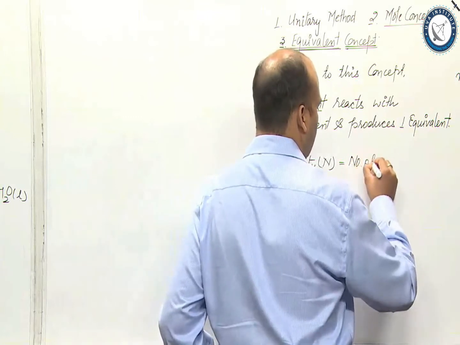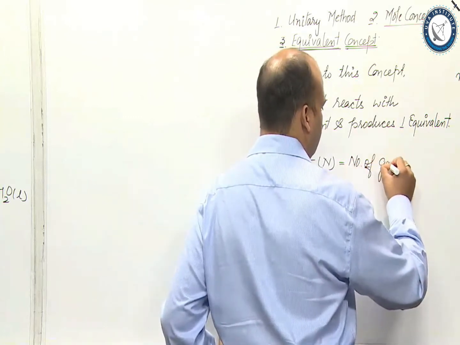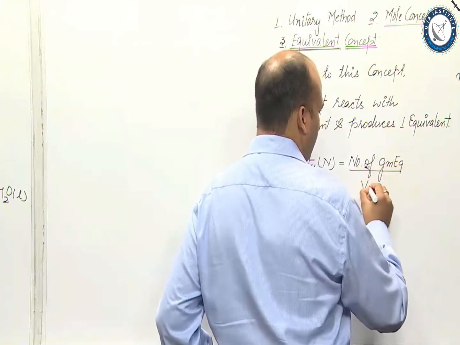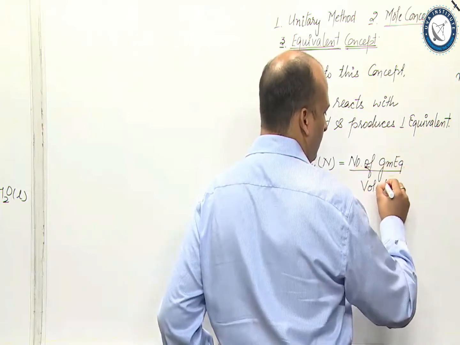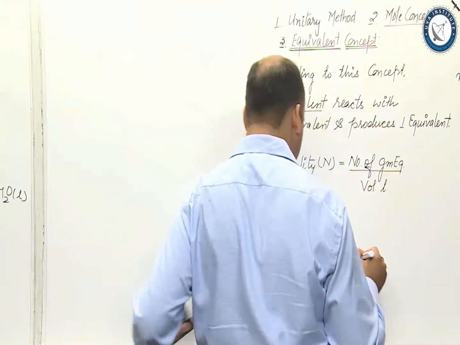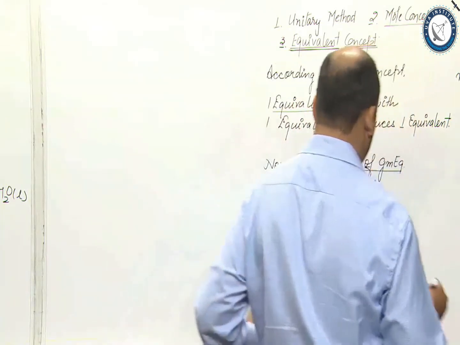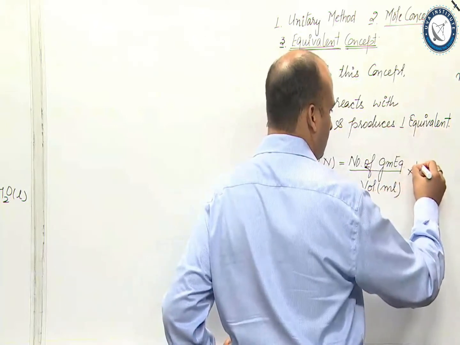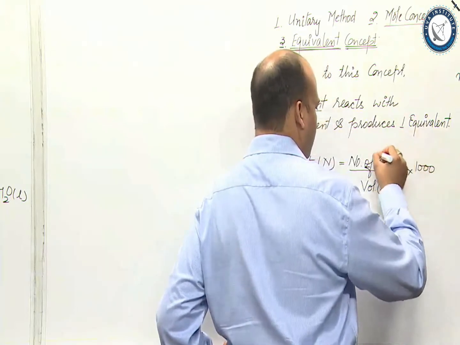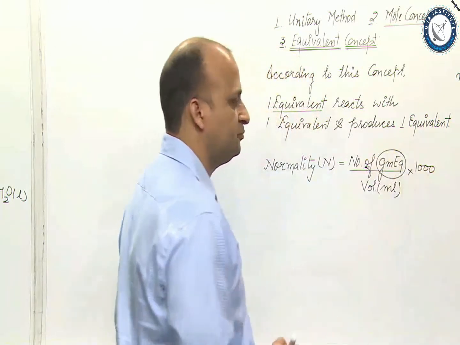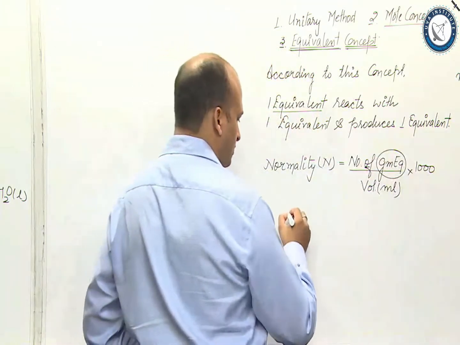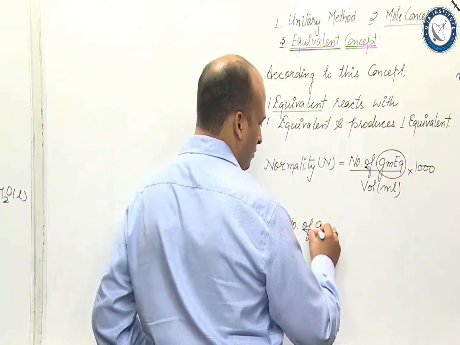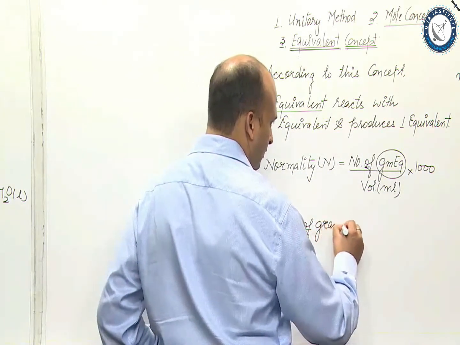Normality is the number of GMEQ by volume in milliliter into 1000. So what is GMEQ? GMEQ is the number of gram equivalent.